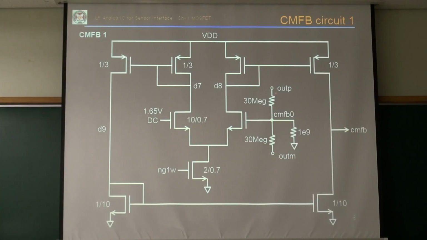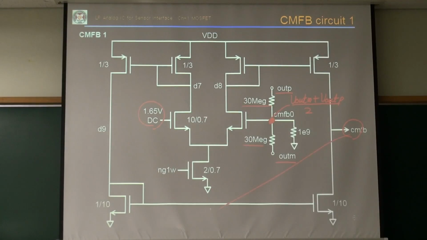Or this is a CMFB circuit. Say we have out P and out M, and then we use a huge resistor, 30 megaohm there, to generate the common mode output voltage. This node voltage is the common mode output voltage. It is compared with this reference voltage, the common mode reference, and then generates this CMFB voltage.